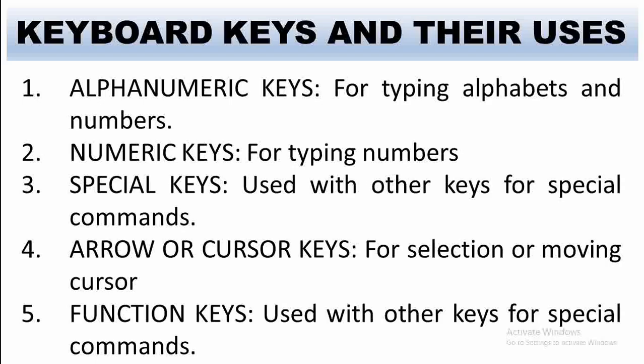All these keys I've explained how to use each of them. We have the cursor or arrow keys, which we use to move the cursor around the screen or to select texts. We have function keys, and I've explained each of these keys.